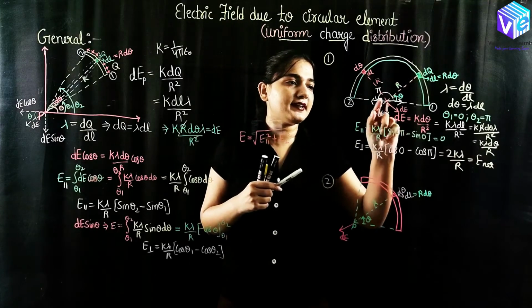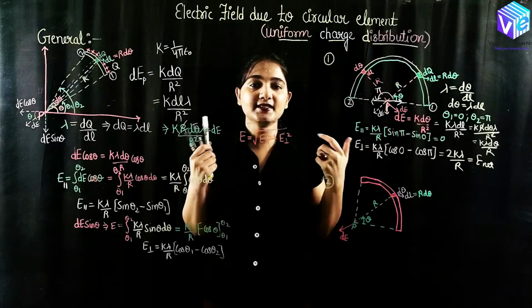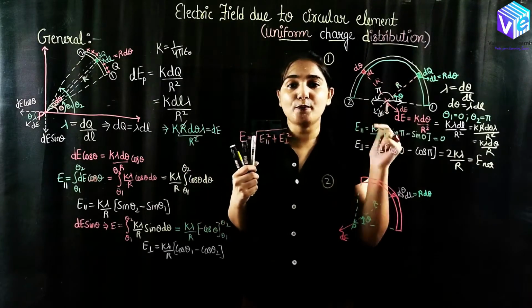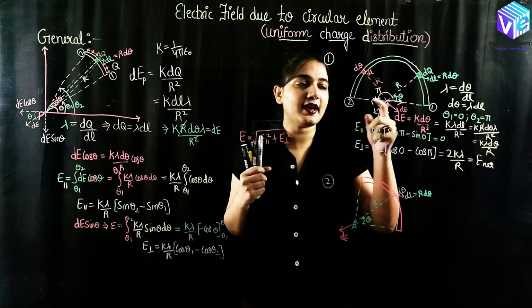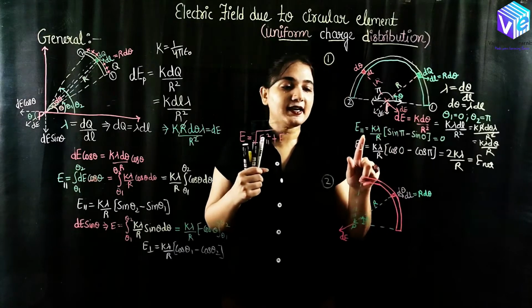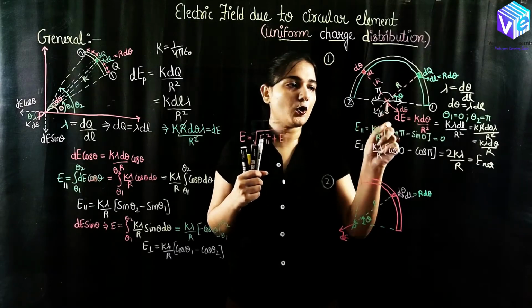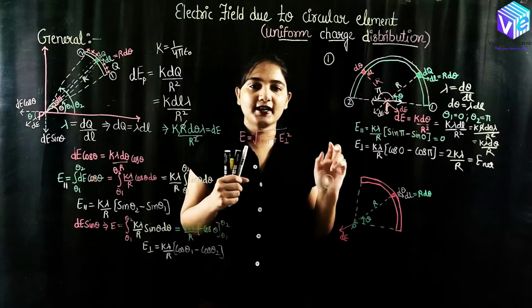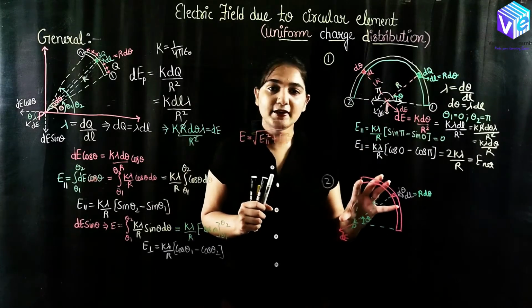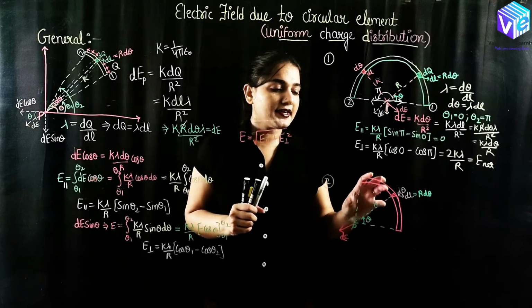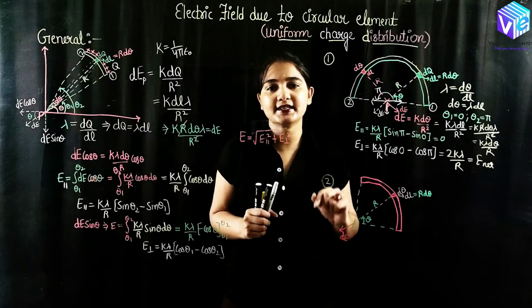So this element and this element will be having the same electric field in the opposite direction, and these will cancel out, and this is how we will never have this parallel kind of electric field. We will always have the perpendicular kind of electric field due to the symmetricity. So here one thing you must be observing, that here I don't have any symmetricity.